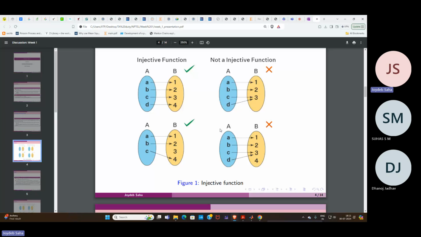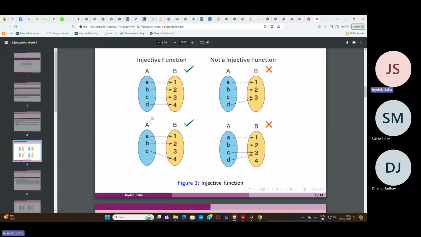So basically the thing is, if there is any element in set B which does not have any pre-image, so in these two cases we can see that there is no pre-image, and in these two cases we can say there is no such element which doesn't have any pre-image.